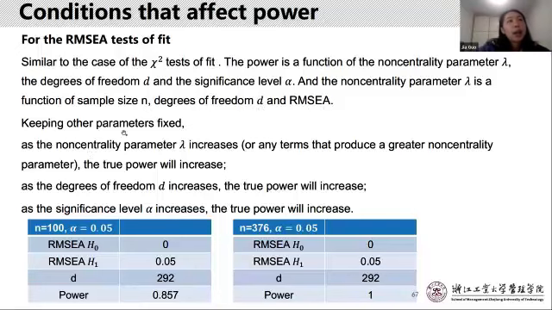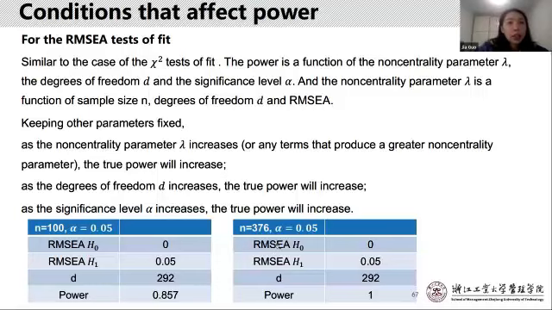So keeping other parameters fixed, when lambda increases, or any terms that produce a greater non-centrality parameter, such as you can increase d, you can increase n, you can increase the RMSEA, the lambda will increase, then the true power will increase. And then similarly, if d increases or alpha increases, the true power will increase.